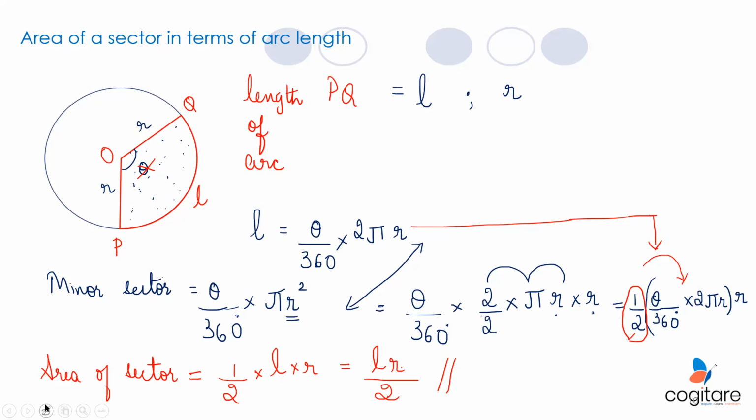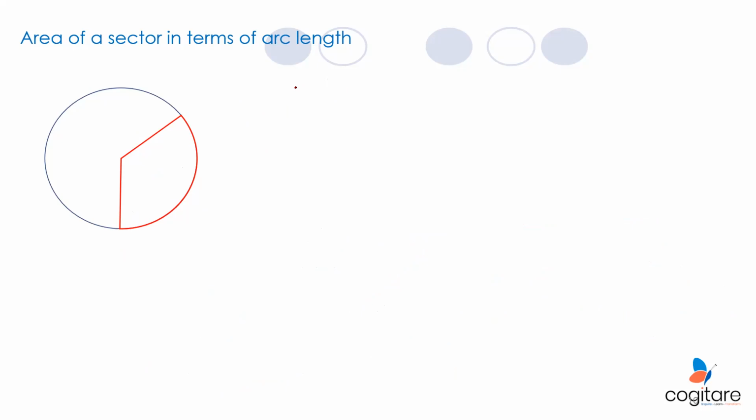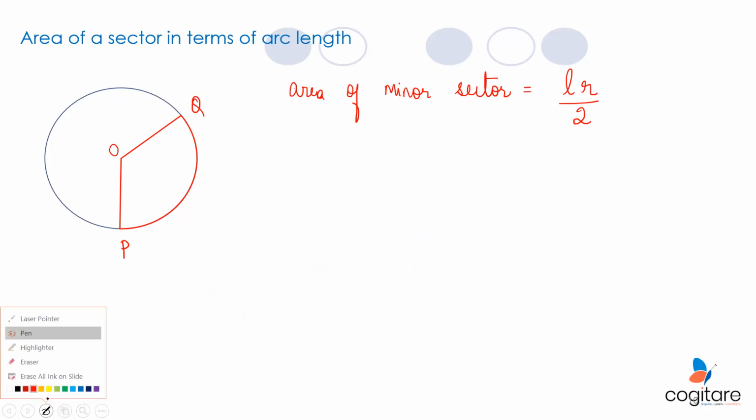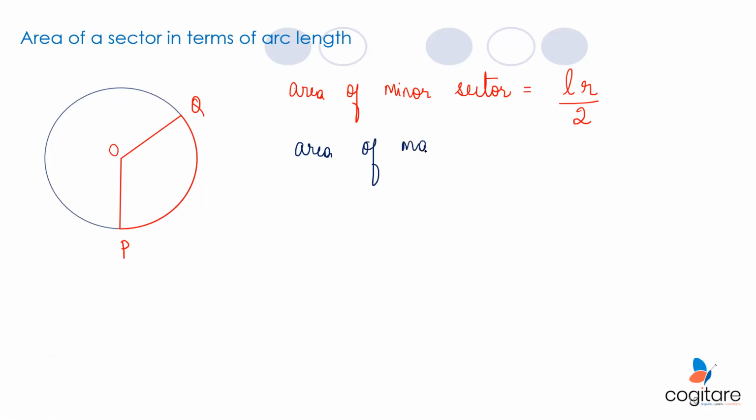Cool. One last thing that I have to mention here is, so finally we know that the area of the minor sector PQ is LR by 2. Supposing the area of the major segment is asked, for the same diagram, if the area of the corresponding major segment is asked, which is this time I have shaded this portion because this is the major segment, as you can see.